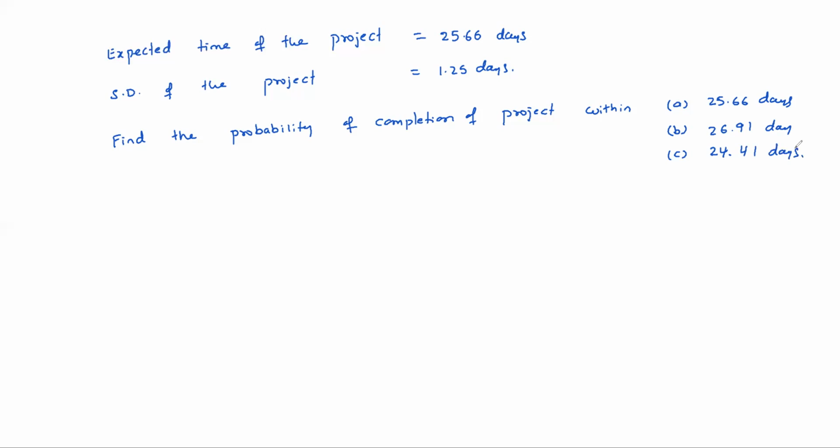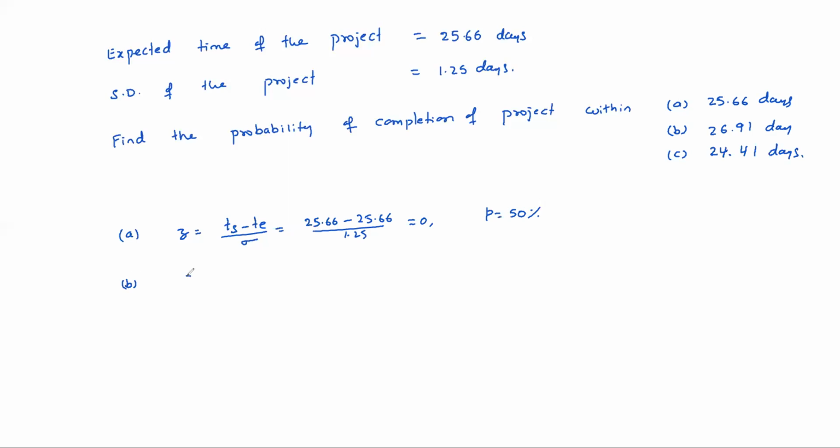Just calculate Z. For A, Z equals TS minus TE by standard deviation, that is 25.66 minus 25.66 by 1.25, which equals 0. So the probability is 50%. The probability of completion of the project within 25.66 days is 50%.